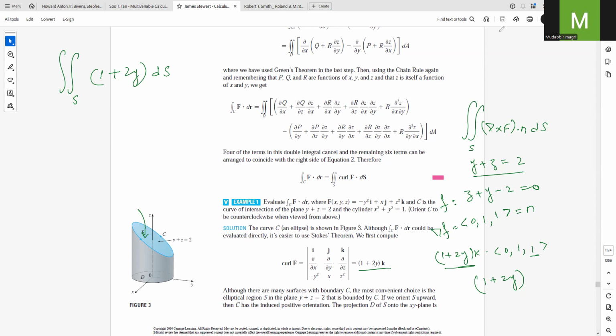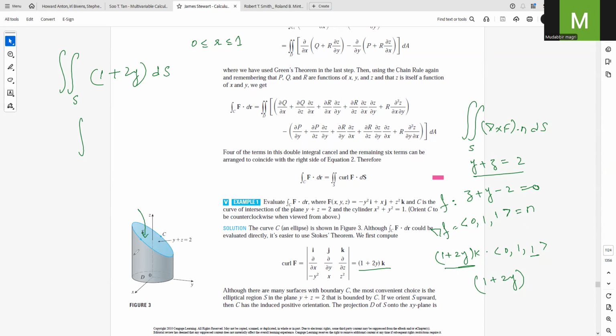Since it's the cylinder x squared plus y squared equals 1, the radius will be from 0 to 1.